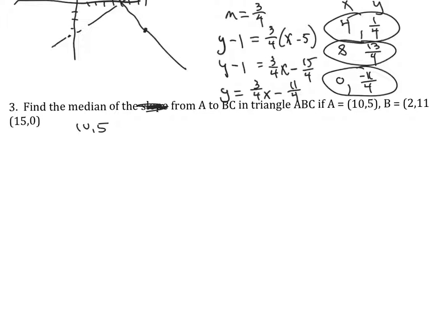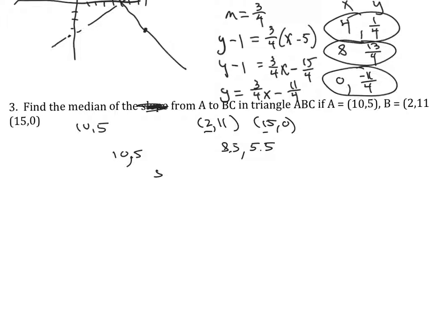So we're looking for the midpoint of (2, 11) and (15, 0). Halfway from 2 to 15 gives us 8.5. Halfway from 11 to 0 gives us 5.5. So we're looking for the line that connects (10, 5) and (8.5, 5.5).